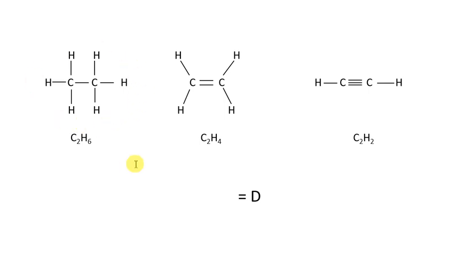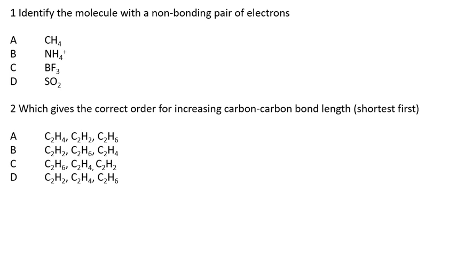C2H6 first. Carbon, group 14, 4 valence electrons, 4 bonds made. Done. All single bonds. In the question, I'm looking to compare the lengths of carbon-to-carbon bond lengths.